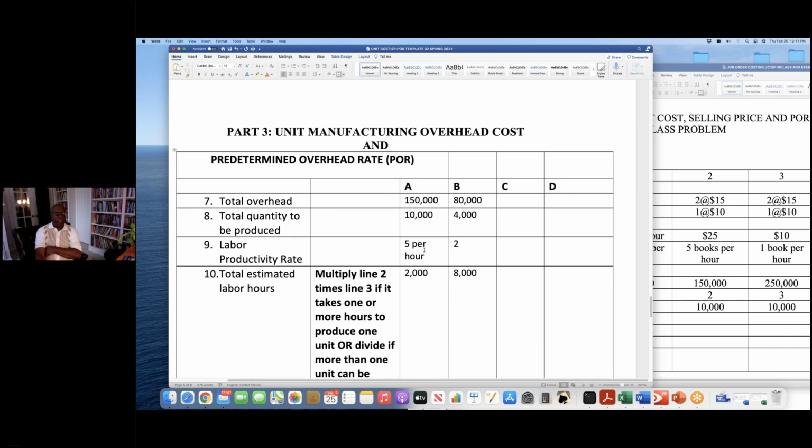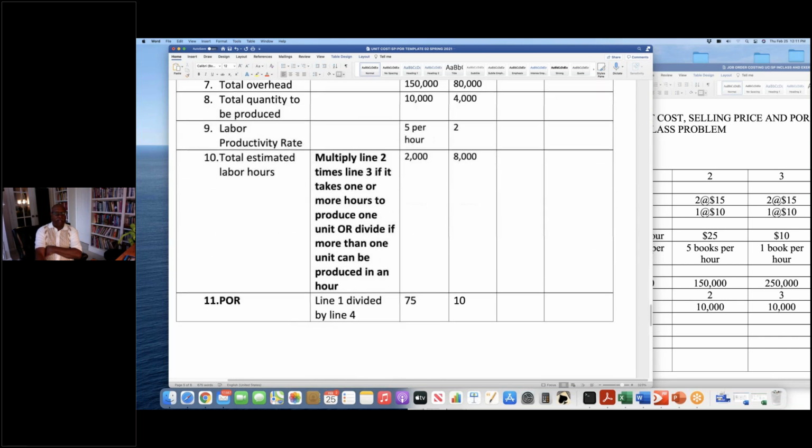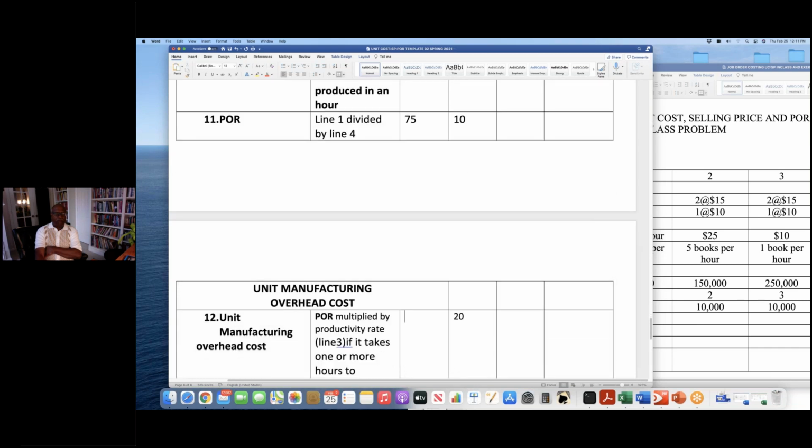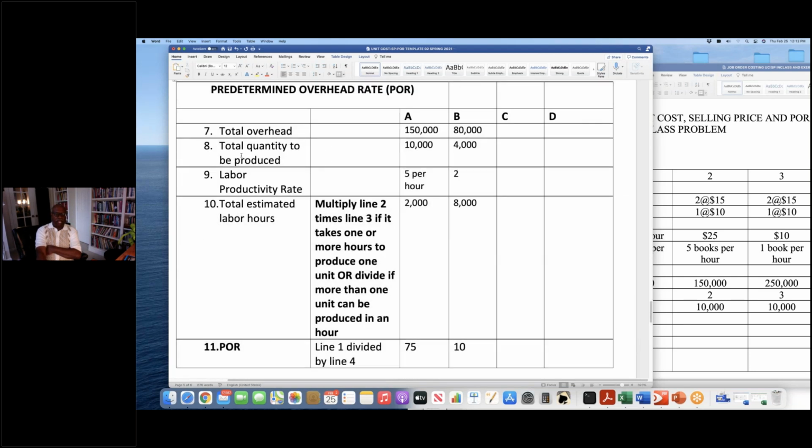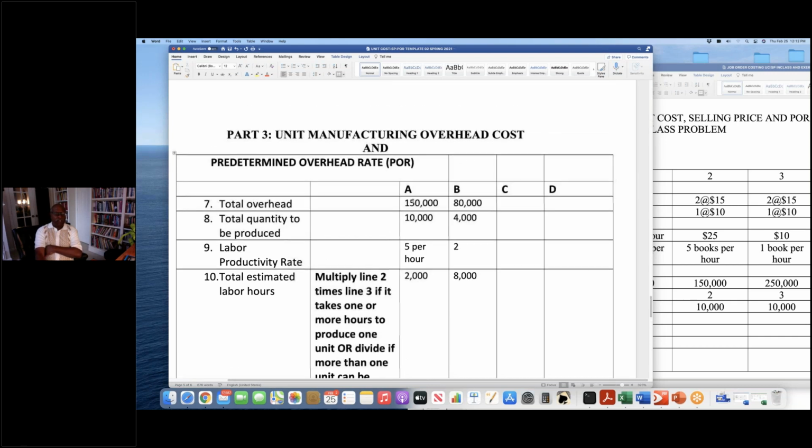So 75 divided by 5 gives us how much? 25. Is that 25? No, it's 15. Yeah, I thought that was a little too much. 75 divided by 5 should be 15. So we're going to do the 15.